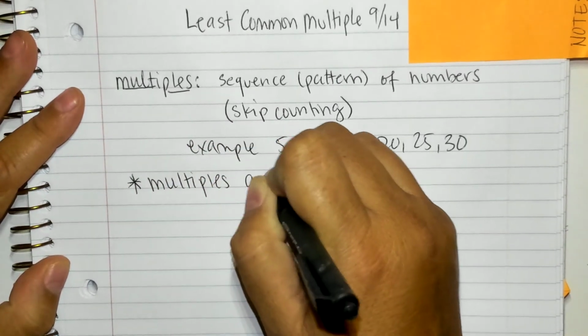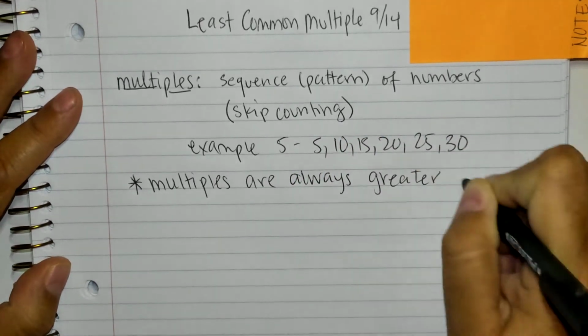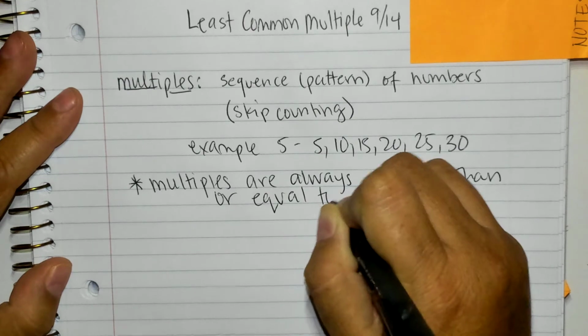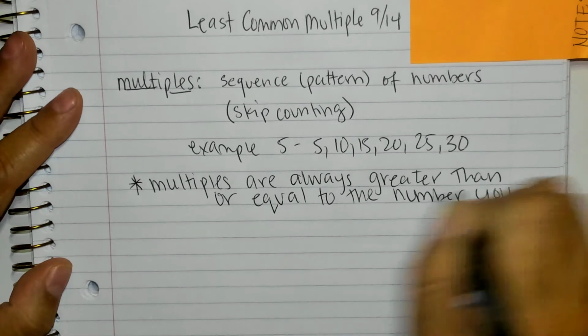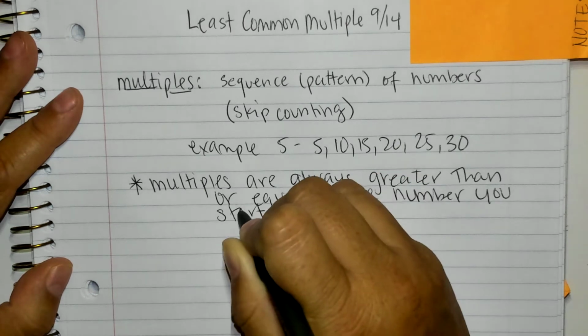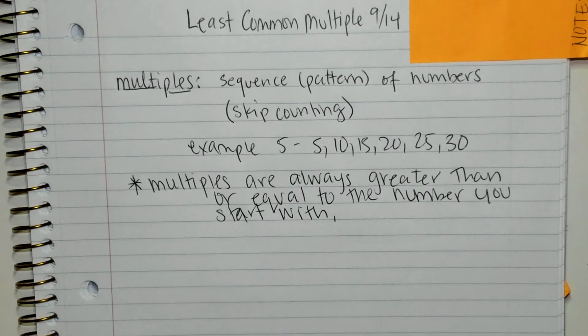Multiples are always greater than or equal to the number you start with. Whereas factors are smaller, because I know students always get multiples and factors confused. I teach this all the time and I still get multiples and factors confused. So the factors are equal to or smaller, multiples are equal to or greater than.